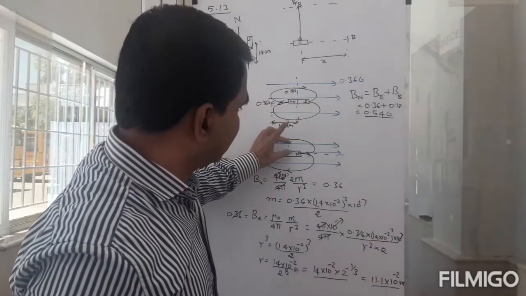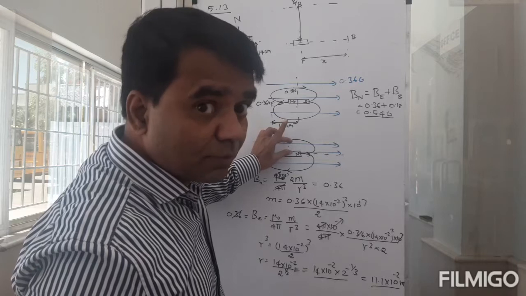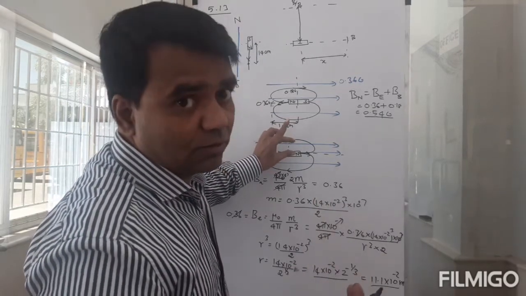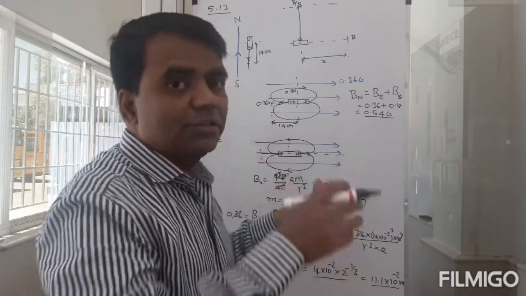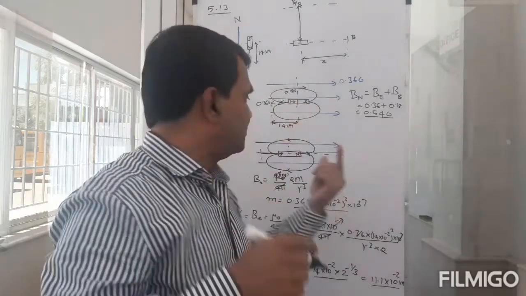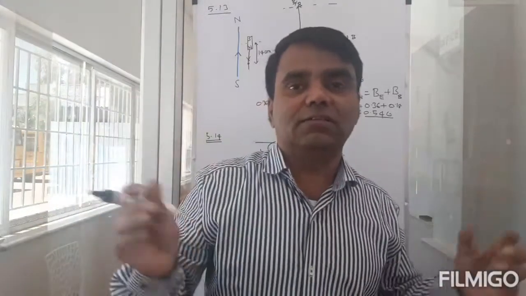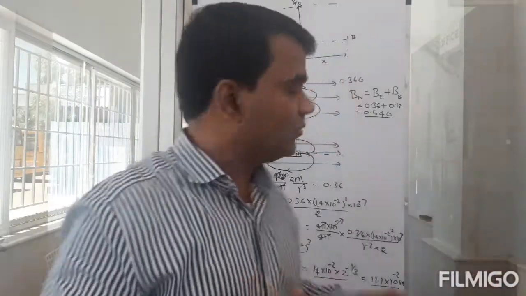So at a distance of 11.1 centimeters, the field strength along the equatorial plane is equal to 0.36. Because you kept the magnet like this, the fields will cancel at those points. You won't have a net magnetic field; you get null points there. So that's how you solve this problem.